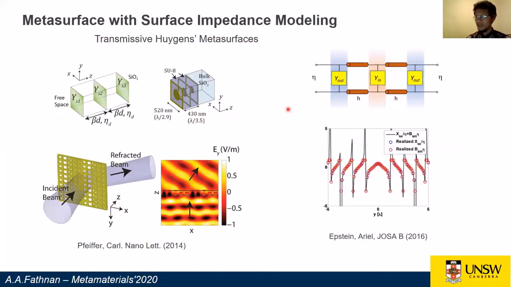In the realization, three metallic pattern layers can be used, where each layer is modeled as an electric shunt admittance or impedance. Here, a metasurface has been realized in the optical region, where each meta-atom is modeled as a position-dependent admittance.